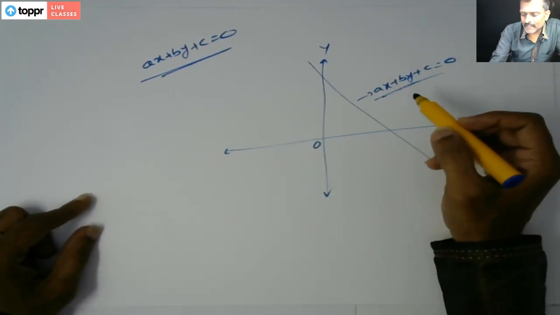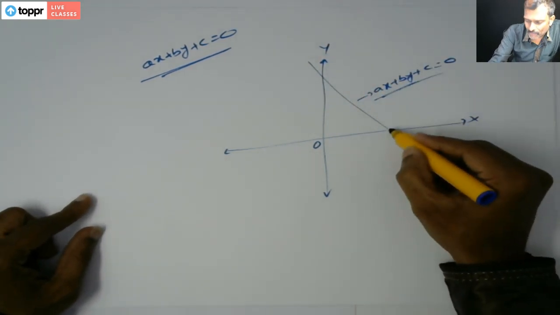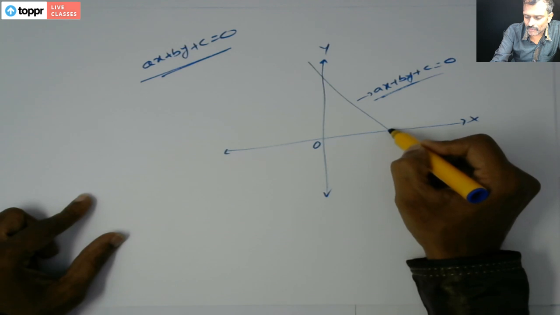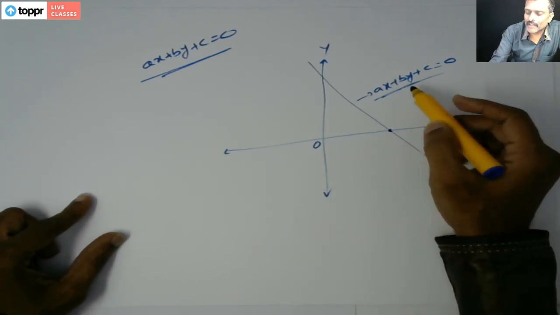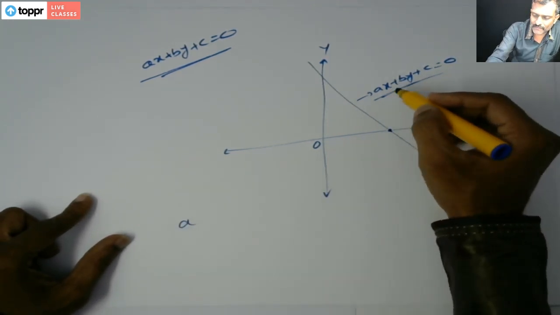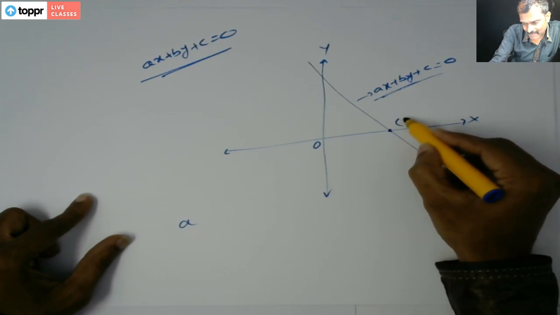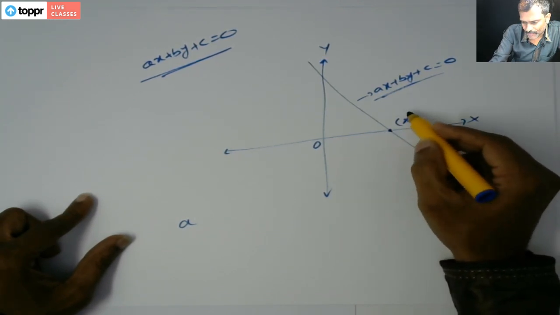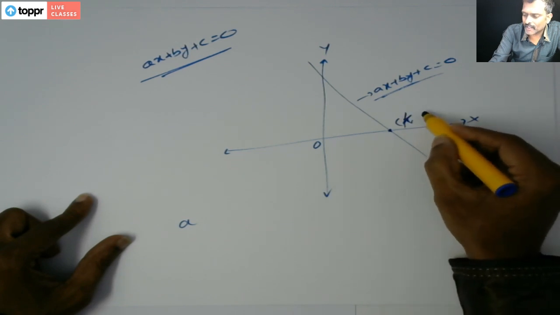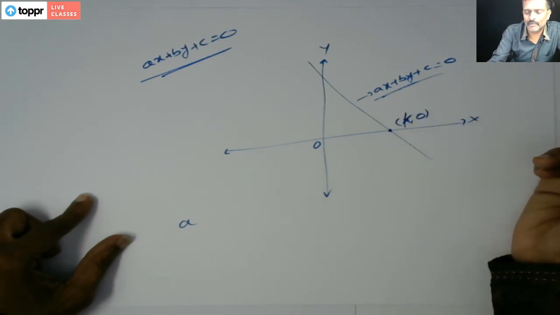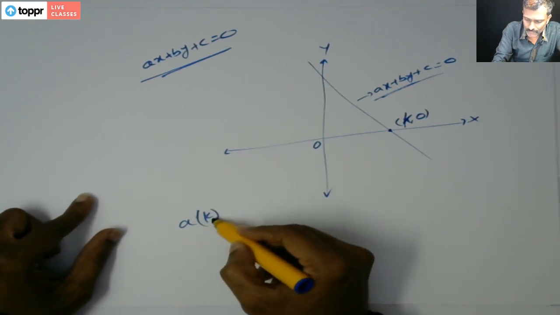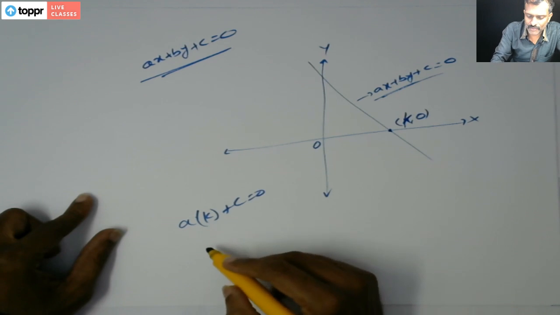See, I want to know what the value will be here. Suppose the intercept is some k, and the y value will be equal to 0. So when you substitute that, it will be a times k plus c is equal to 0.